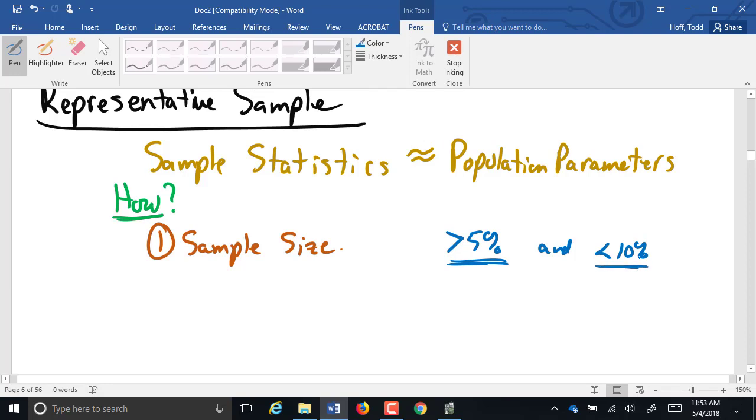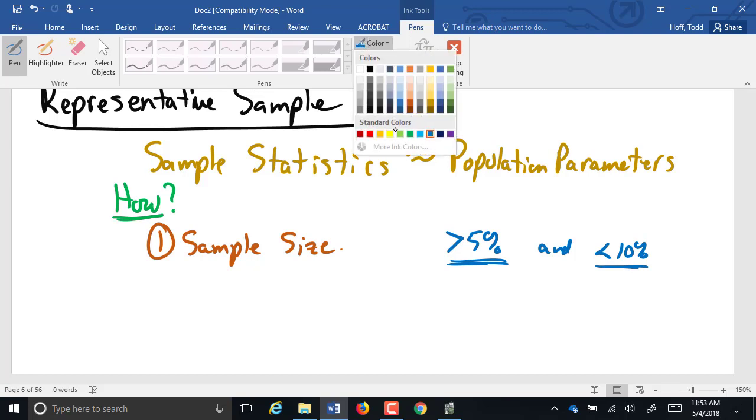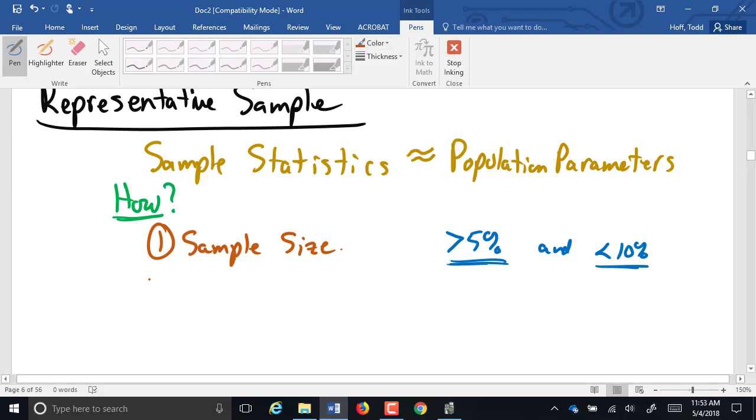Less than 10% is to avoid that thing we said earlier about altering the population by pestering them when it might change their mind. For this class, we're not going to really do a whole lot about adequate sample size. Randomly selected is huge. We're going to talk about types of samples in just a moment.